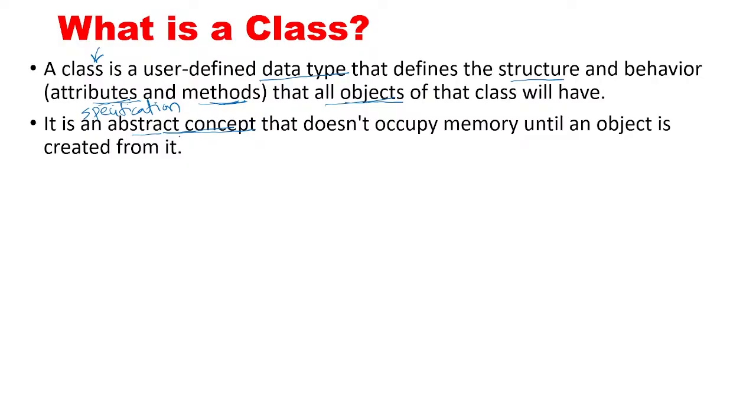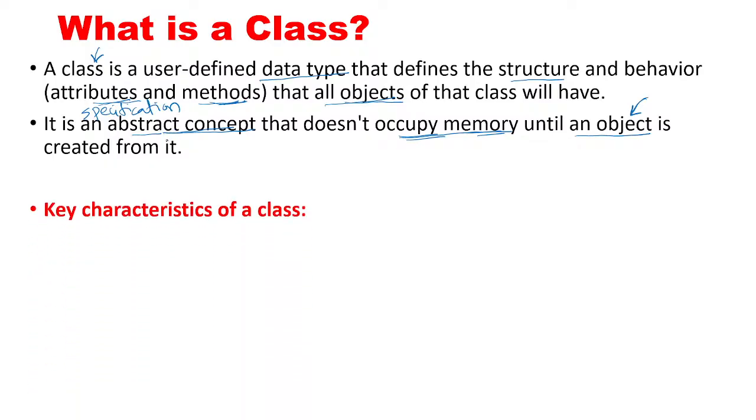It is an abstract concept that does not occupy memory. Since it is only a specification, it will not have any memory occupied. When an object is created from that class, then the object gets the memory. The object occupies the memory. Class does not have memory.